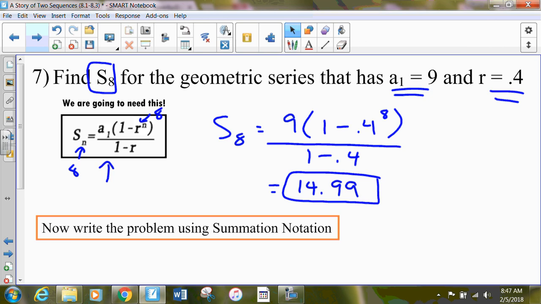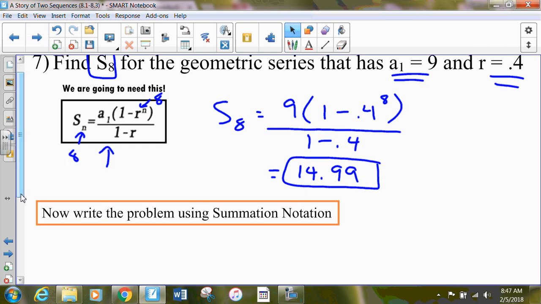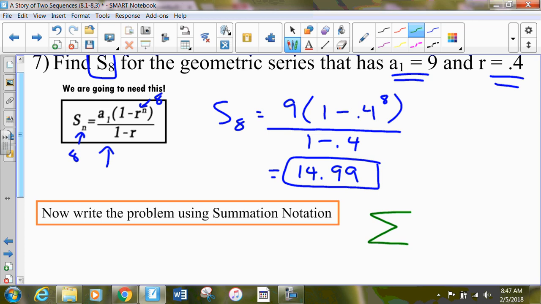Now, the second part says, now write the problem using summation notation. So summation notation means that we're going to use a new symbol called sigma. It is a Greek letter, a capital sigma, and it's indicating that we're going to take a sum. All mathematicians know when they see a sigma, oh, this indicates we're taking a sum. In this particular type of sum problem, we're going to tell the reader where to start.